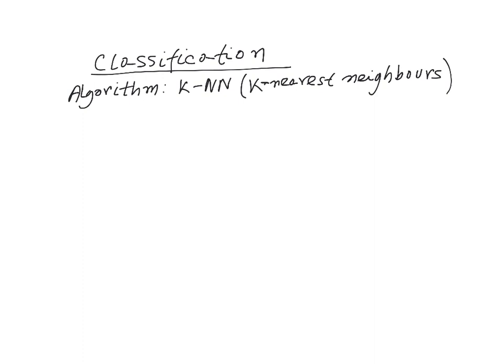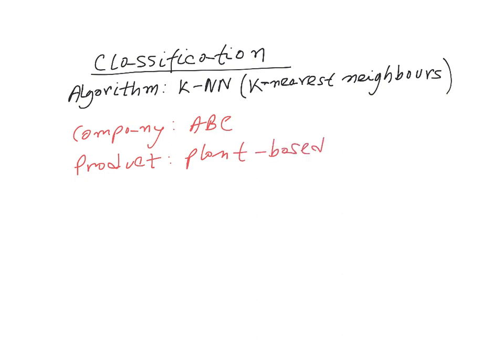Let's assume that we have a company. Say the name of the company is ABC company. They have the product. They are a pretty new company and their product is plant-based meat. Just an example.